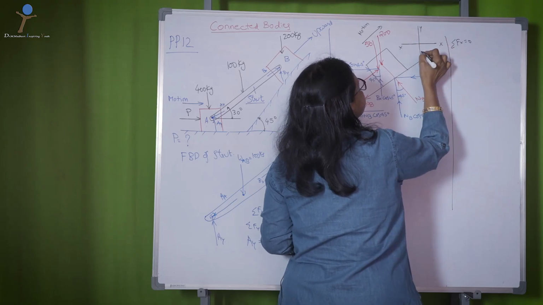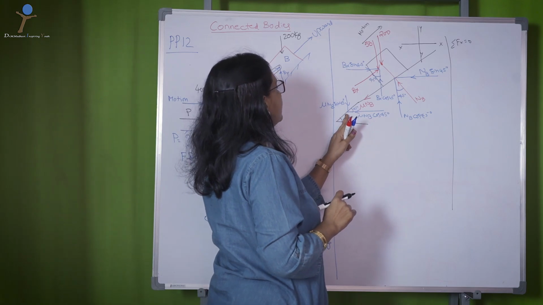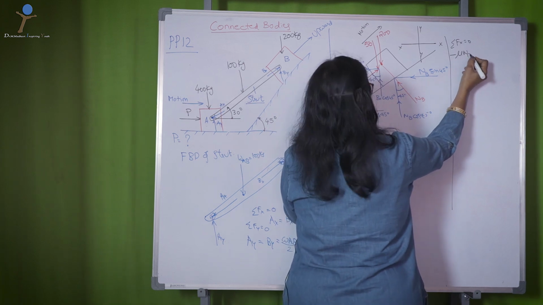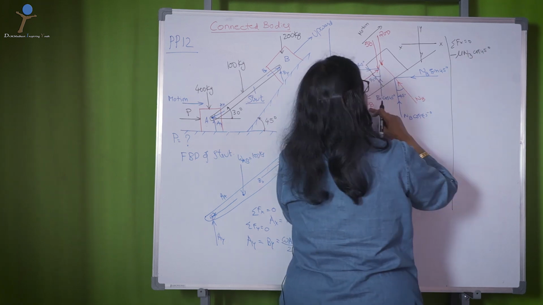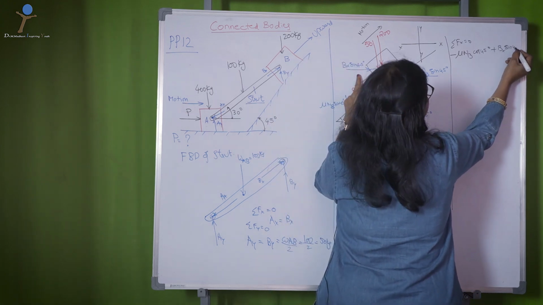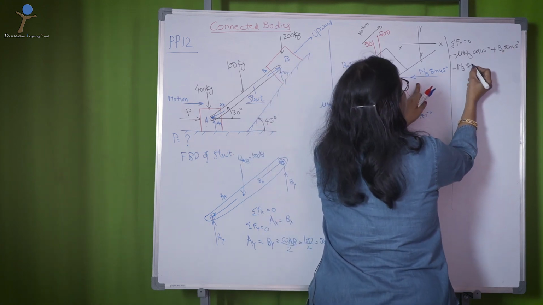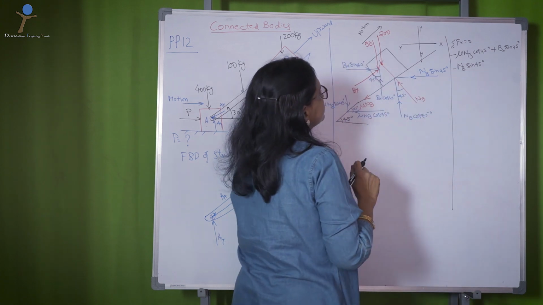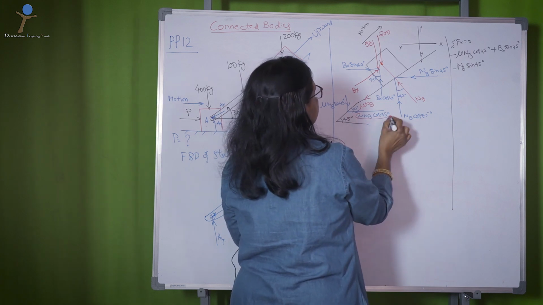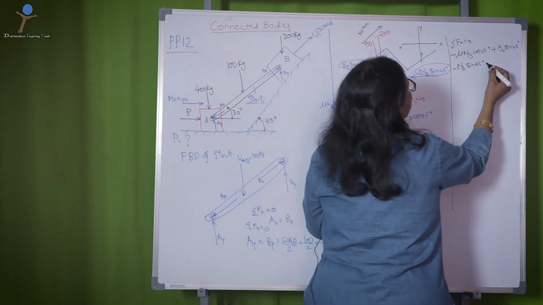So, sigma Fx equal to 0, let me start from here, that is minus mu NB cos 45 plus Bx sin 45 minus NB sin 45 is equal to 0.